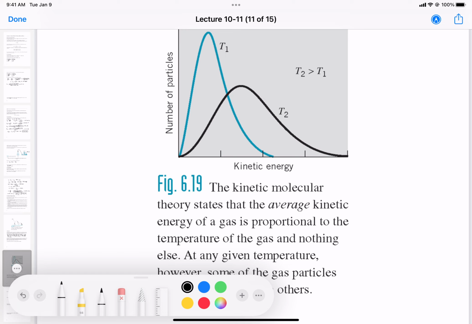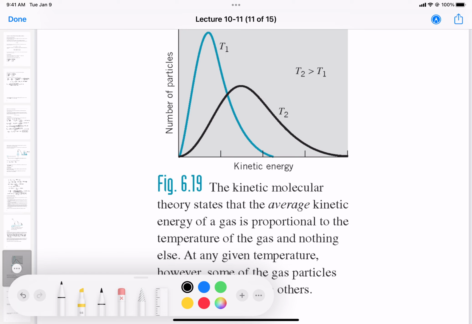As it flattens down, the distribution of the kinetic energies will be pretty much even as you increase the kinetic energy.